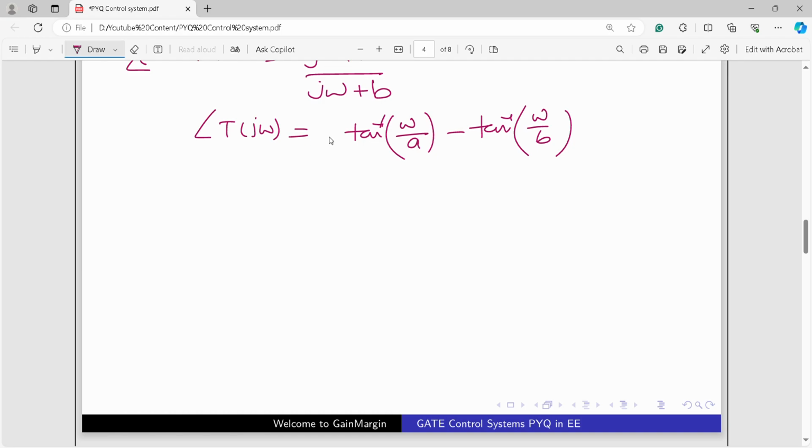here you can see we want a positive value, right? It should be positive, right? So how does this value become positive? For the same frequency, a should be less than b, then only this term's value is greater than 0. Okay, so that way we get a less than b.